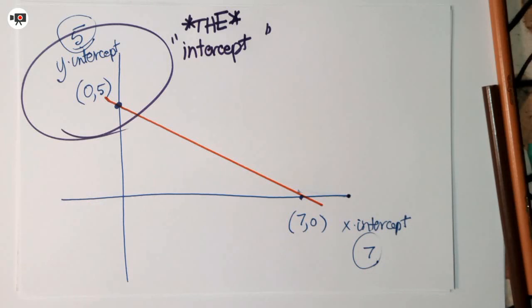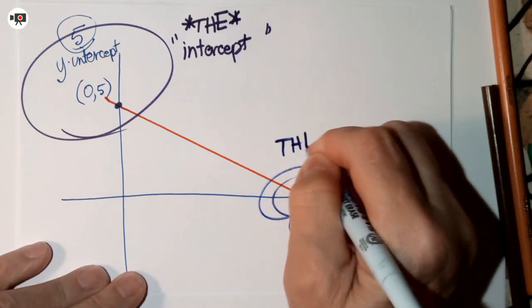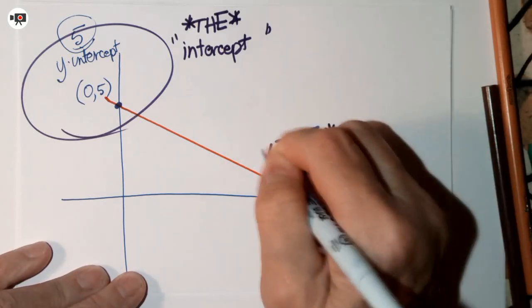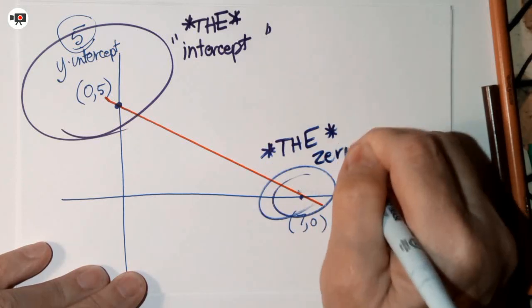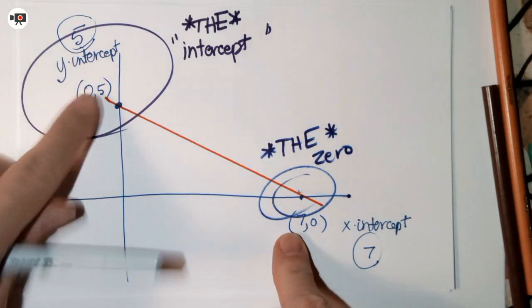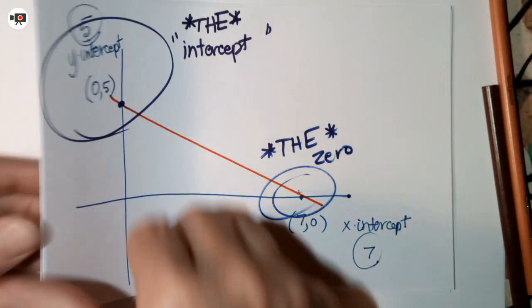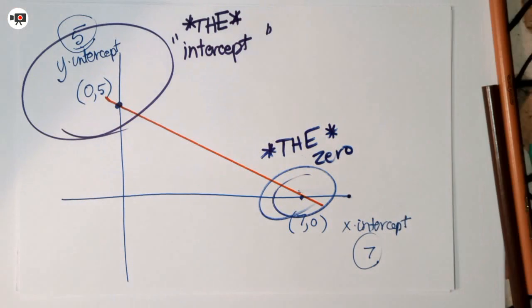And if somebody just says 0, they mean this one. This is the 0. Okay? That's terminology. So we have 0 and we have the intercept. Now, sometimes something might be worded a little bit differently, and you'll need to figure out what they're talking about, and you know that they both work and you can figure that out. Okay?